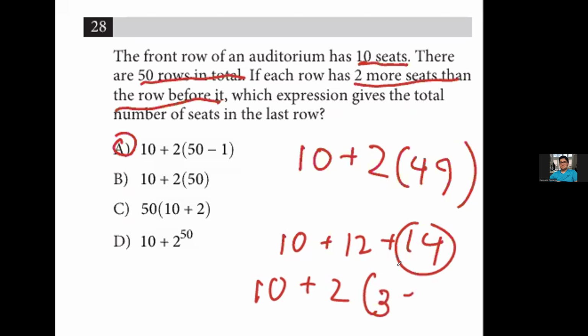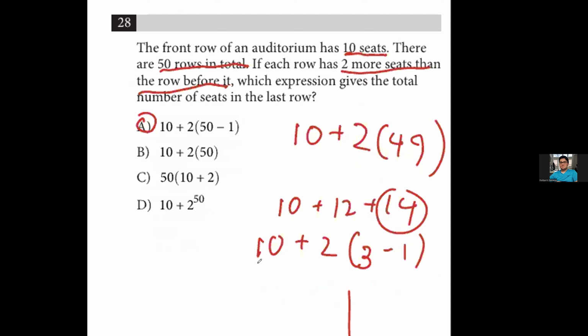This would just be 3 minus 1. This would just get us 10 plus 2 times 2 is 4, which is 14. So using our hypothetical of only 3 rows, we can also see that it would probably work for 50 rows.